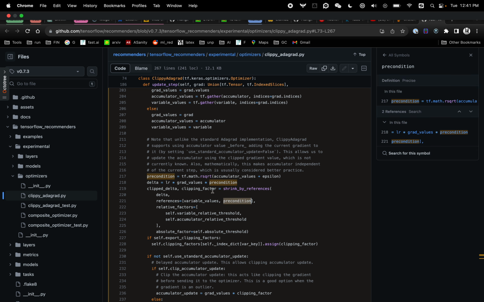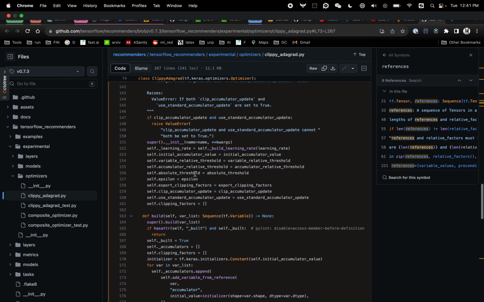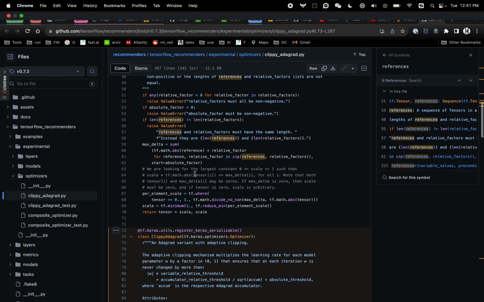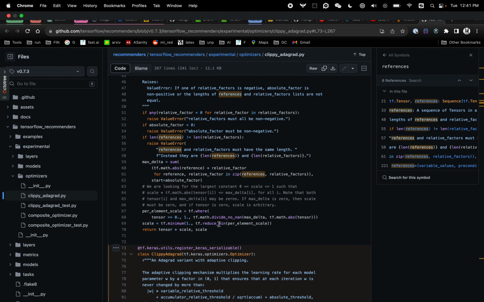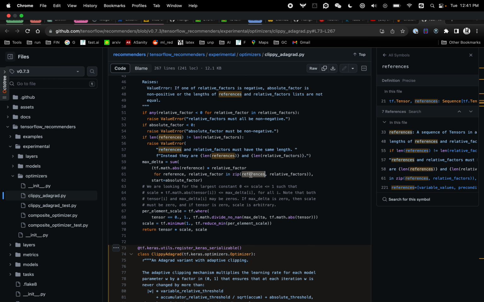The precondition is basically the square root of accumulated gradients, and this is further referenced in the actual scaling back. You can see the references: they actually sum up all the references, which are the weights and the accumulated gradient step.